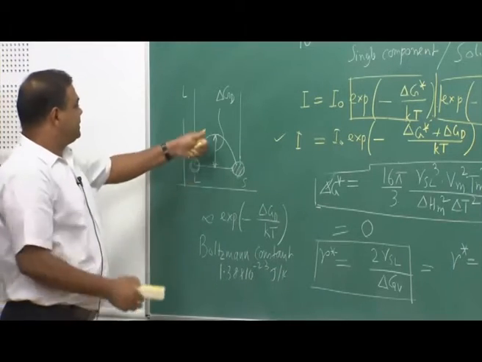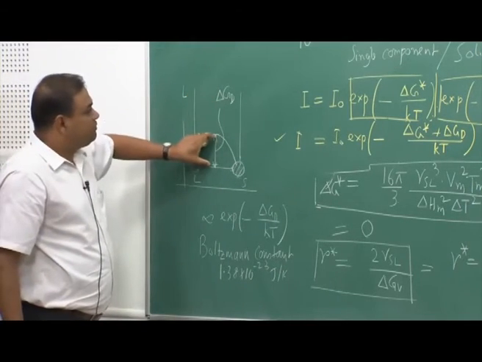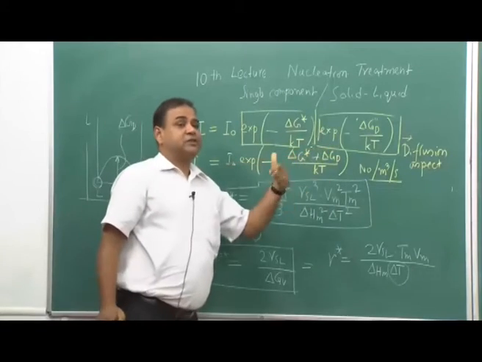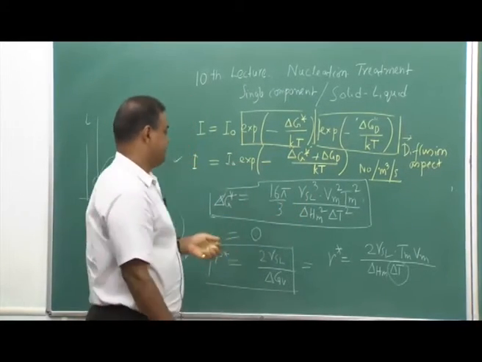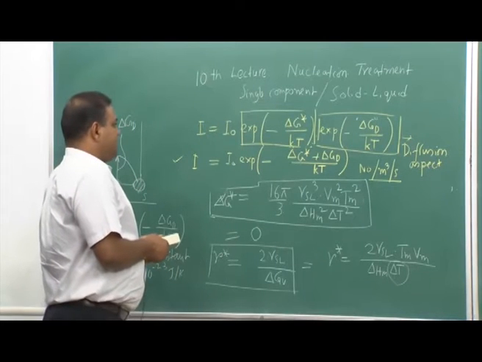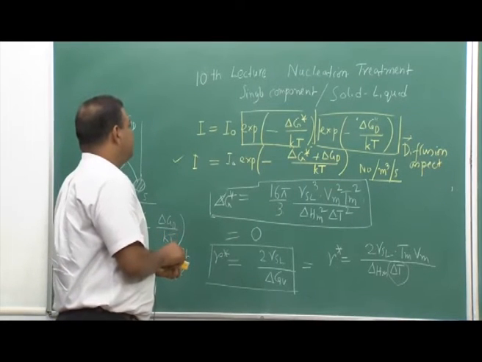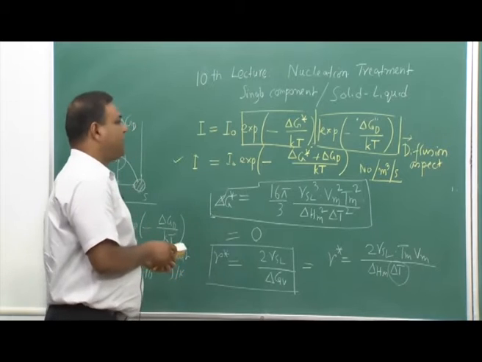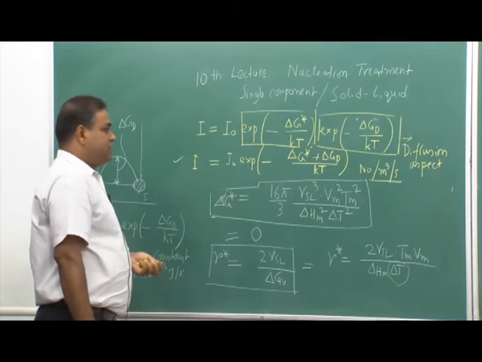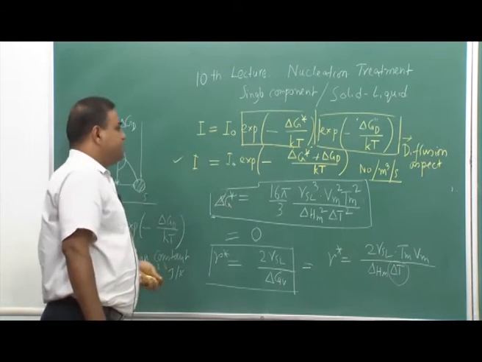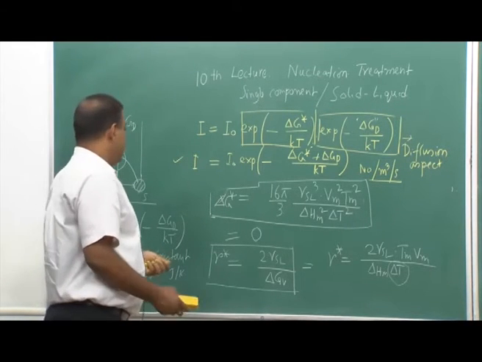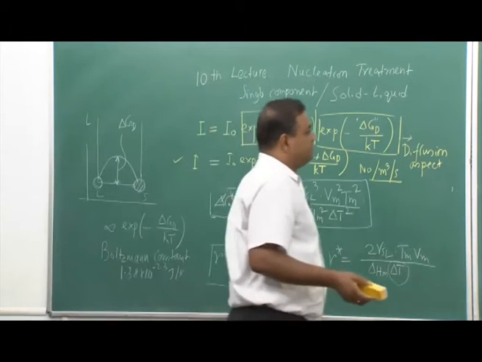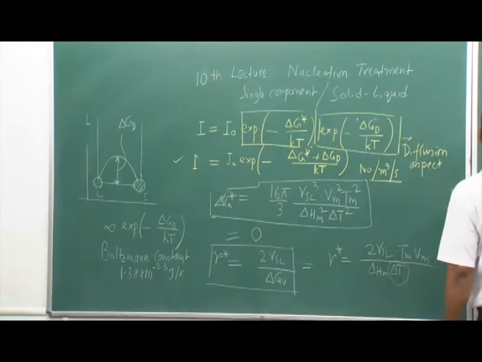This particular term is there because it talks about the jump of a liquid atom going to the solid surface. Now, if we try to see the variation of R star and the variation of I, we can get some interesting information. Let us see that information in the form of a graph.